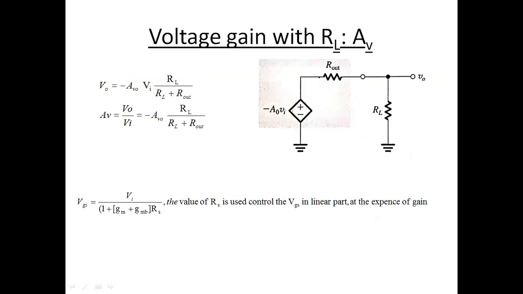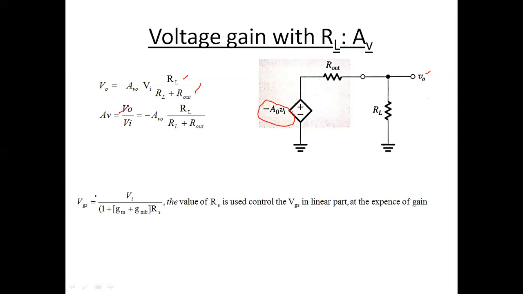Voltage gain with RL. In order to calculate voltage gain with RL, V0 is this voltage, and the applied voltage is minus A0 into VI, times RL divided by RL plus R out, by the voltage divider rule. So AV equal to V0 by VI, that is equal to minus AV0 into RL divided by RL plus R out.